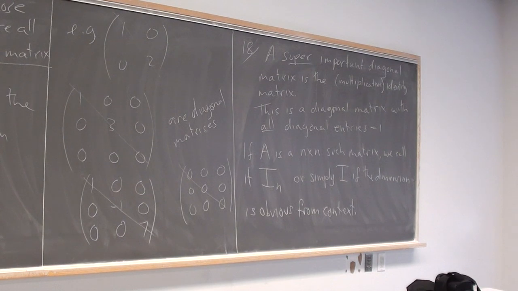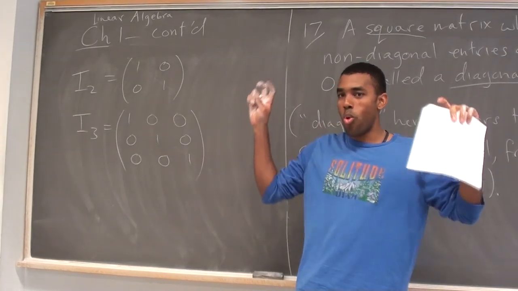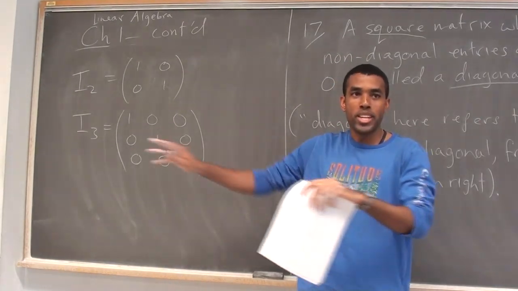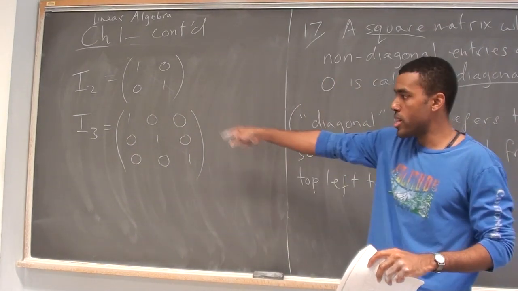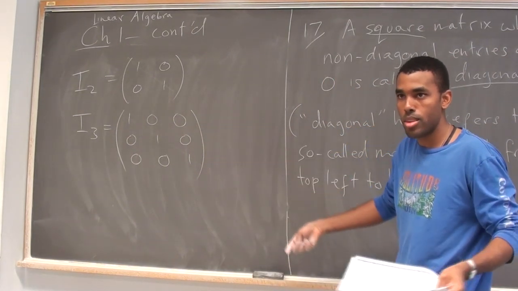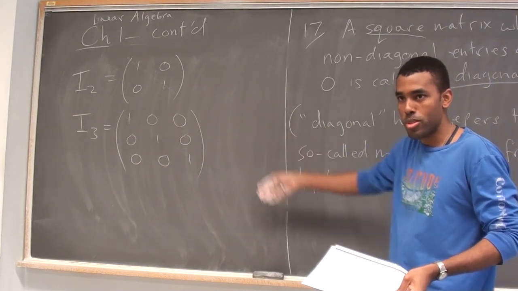Such a matrix I call the identity matrix. As its name suggests, this is the matrix where if I multiply it with any other matrix, I get the matrix itself. It functions as the one of the matrices. The same property that one has as a real number, this matrix has in the matrix universe. If you multiply any matrix by this, you just get itself, provided it's conformable, of course.